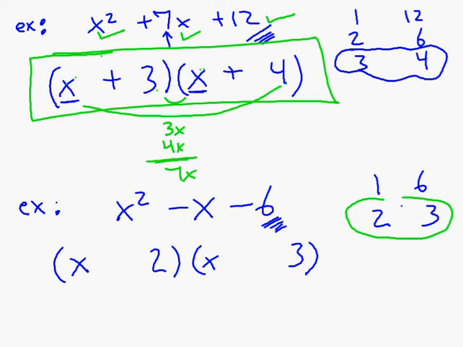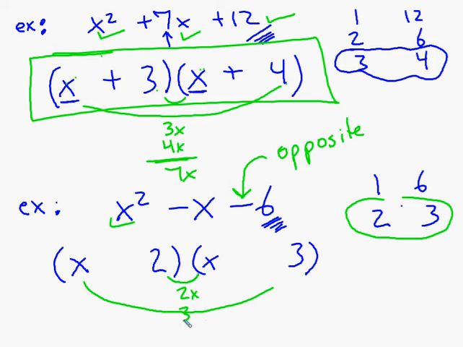Now this is a minus here. That tells me that I have opposite signs on the inside. So the question is, well, which one of these is negative? So I'm going to do my check to help me out. X times x is x squared, so that's good. And 2 times 3, well, that's going to give me the 6, but I need to make sure it's negative, so one of these is negative. I'm going to start my check right here. I get 2x, okay?